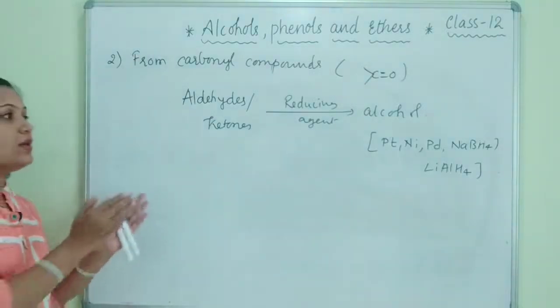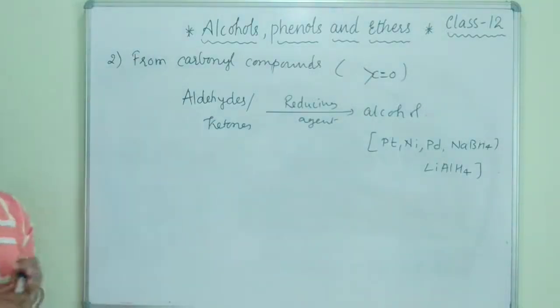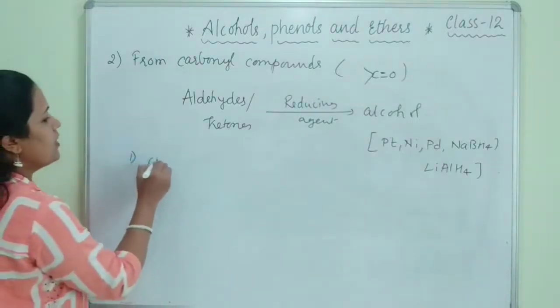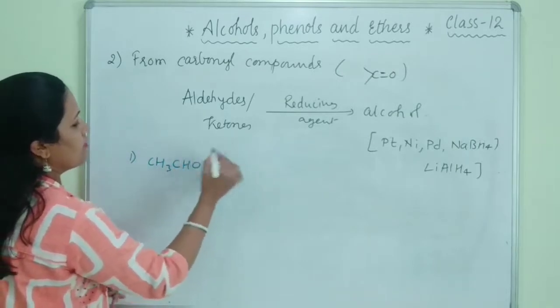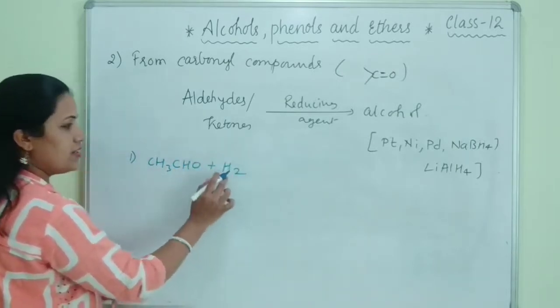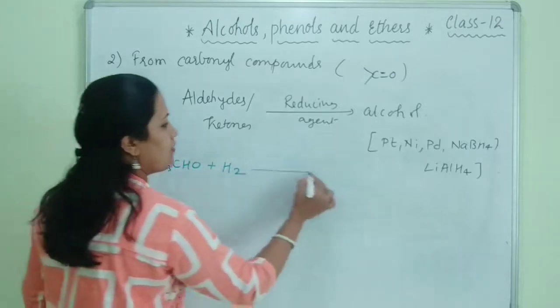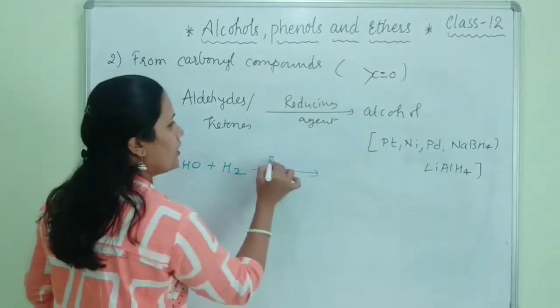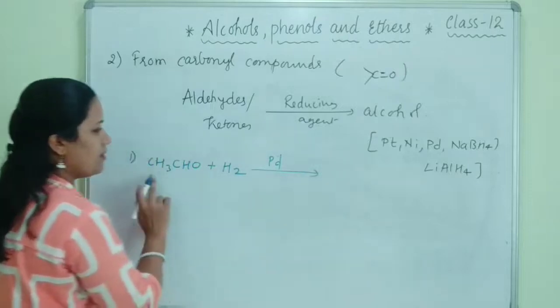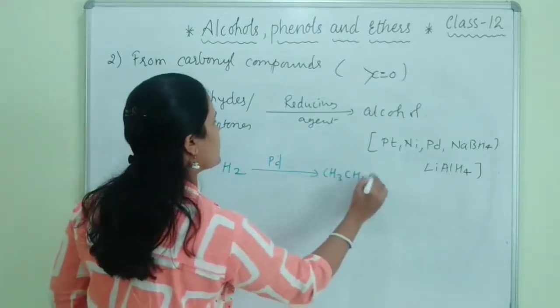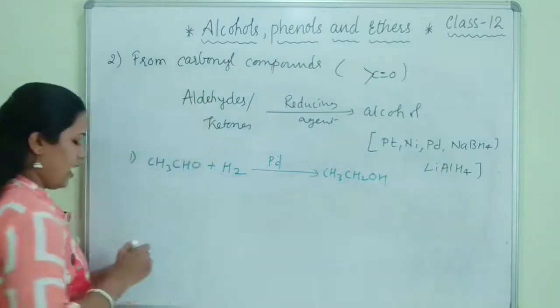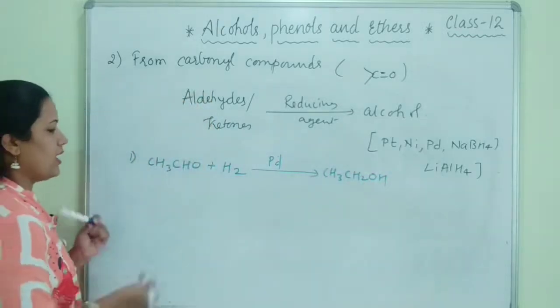Now how can we solve this? Let's see one example. The first one is acetaldehyde, and it's a reduction, so in the presence of nickel or platinum or palladium, it can be converted into CH3CH2OH. So it is converted into a primary alcohol.